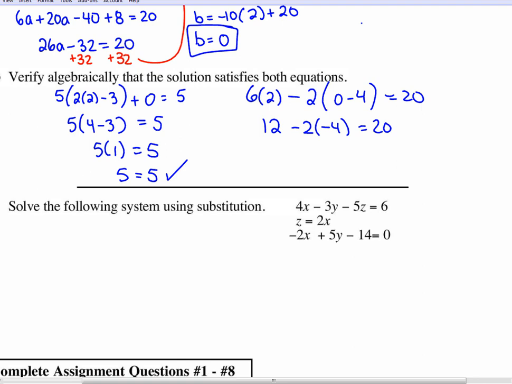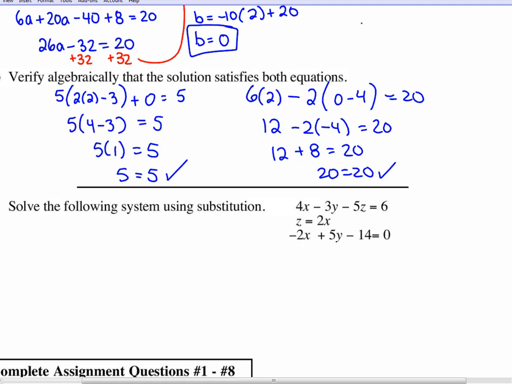And negative 2 times negative 4 turns into plus 8. Does that make 20? Yes. Okay. So we're done now. We're verified. Everything checked out. We can trust our answers. Right? Yay, we got 100% on that question, as long as I showed all my work.